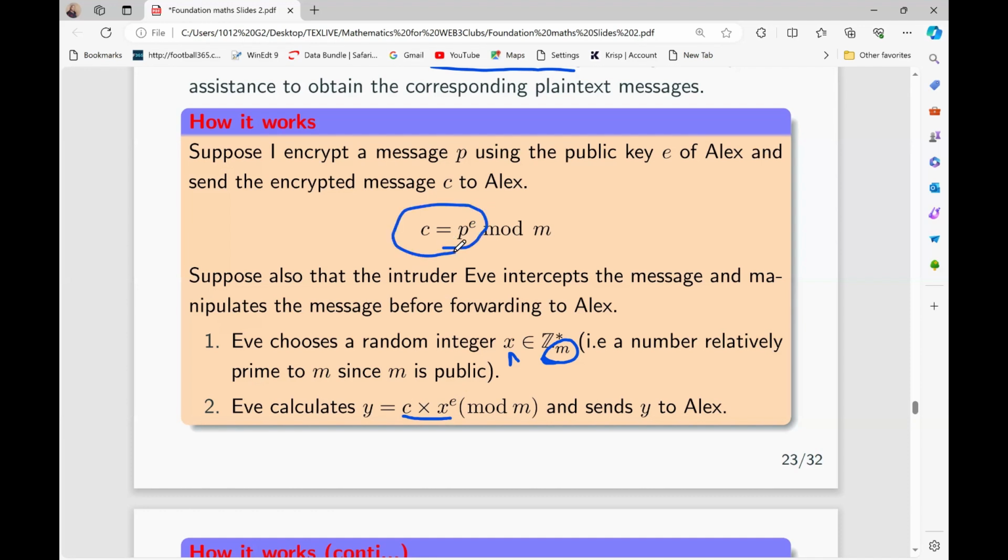Because she's also trying to encrypt. She's encrypting the X.